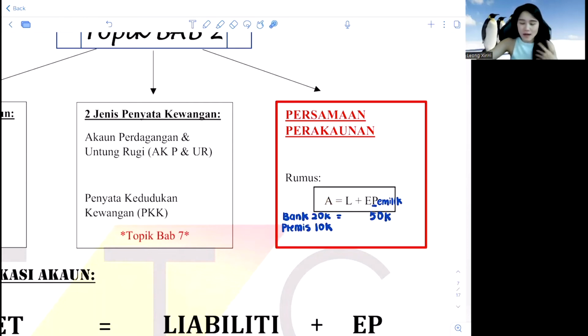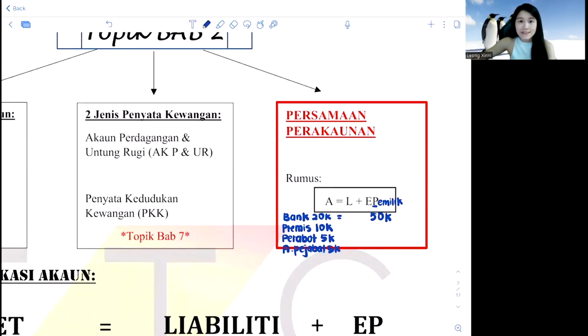So I decided that I want to spend money on buying some furniture. So we call that perabot. About 5,000. Buy some computers and printers, we call that alatan pejabat. That costs me also 5,000. So far, I still have 10,000 left, right? So here I said, probably I will need a car.